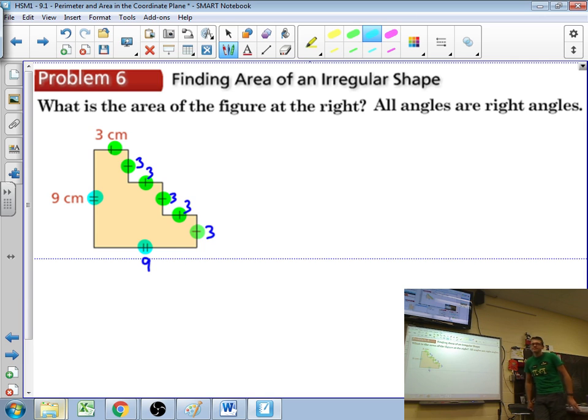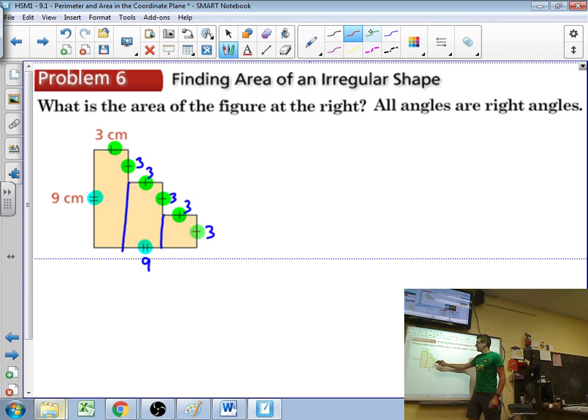You can break it up into 3 by 3 squares. I could break it up into all squares, or you could break it up into a rectangle. I could break this into a rectangle by dropping the line here and dropping the line here. I could have also taken a line over here and over here.